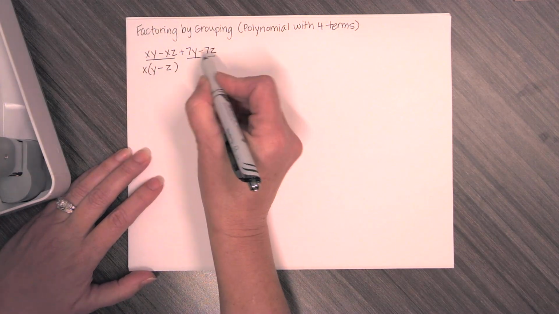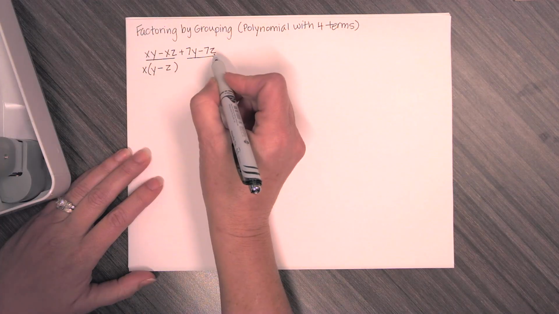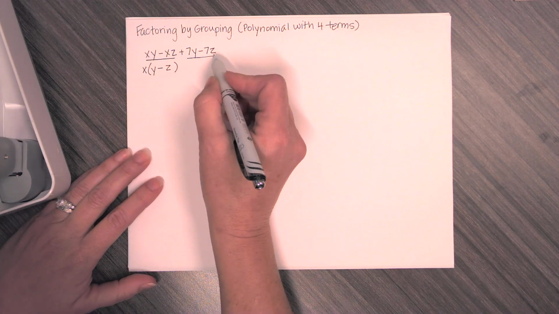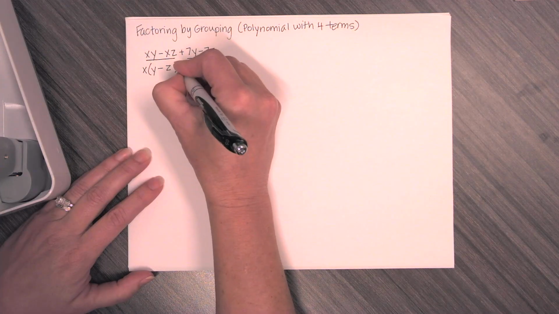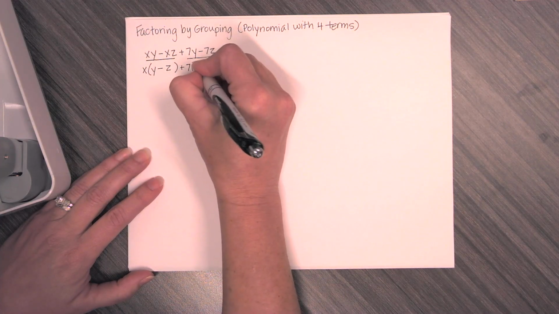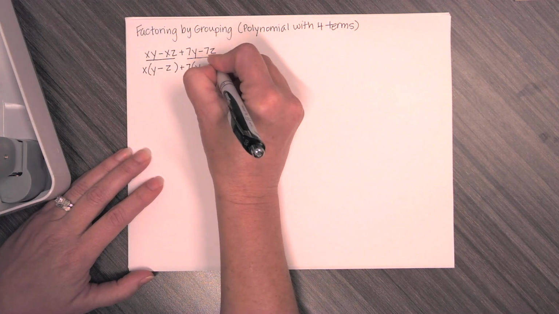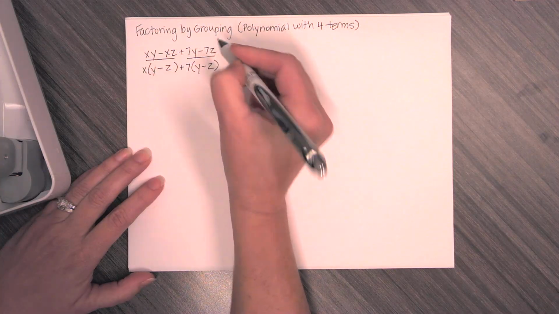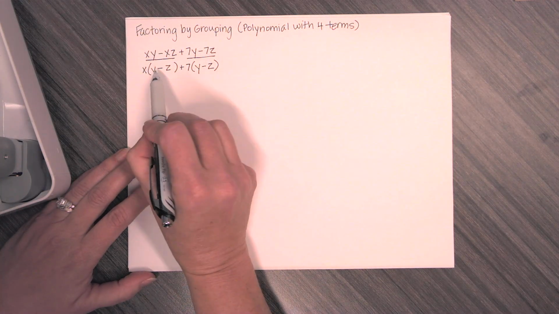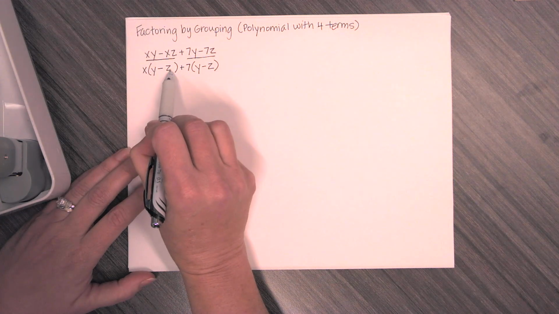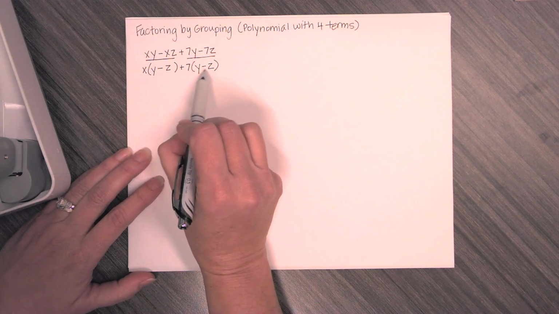On my second group, only looking at these two terms, you're looking for their greatest common factor. In this case, it's going to be a positive 7, so we write plus 7, and that's going to leave me with y minus z here. Now, if factoring by grouping is working, then what you see in these parentheses should match what you see in these.